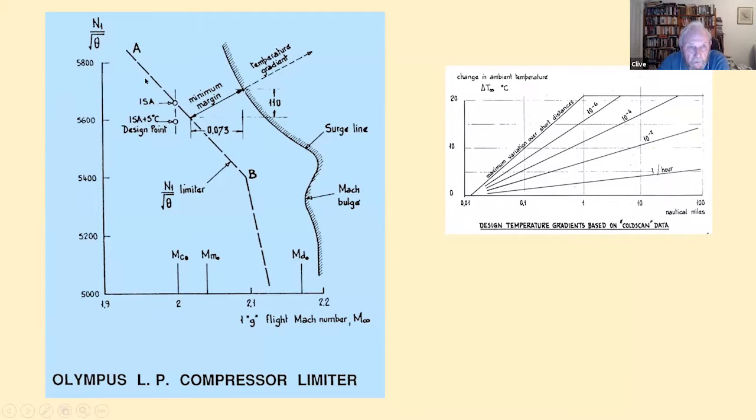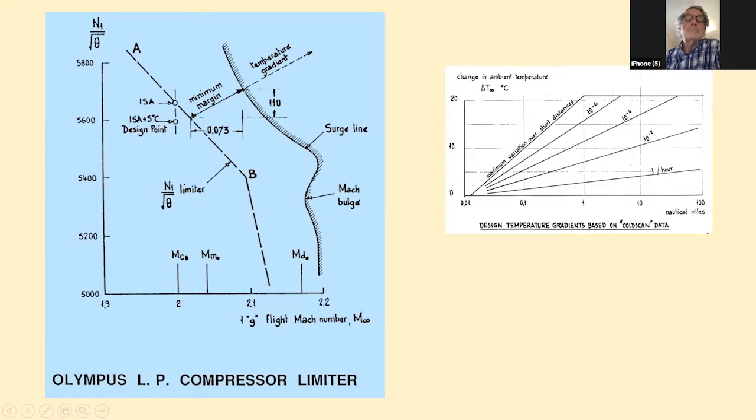The way we got around it was, in fact, we used our facility to vary the N/root theta, that's the engine LP RPM limit, as a function of Mach number, and we were able to keep a decent margin between that and the engine surge line.